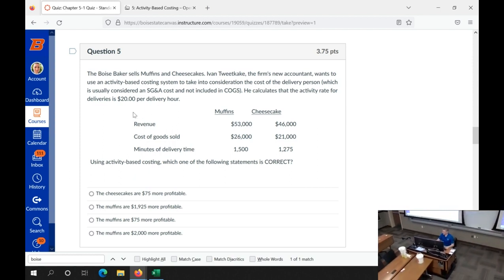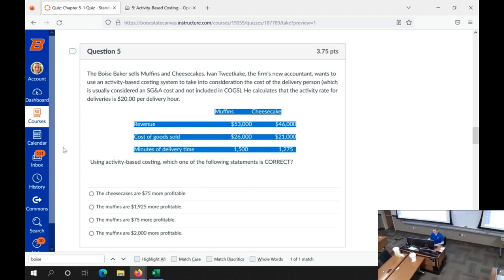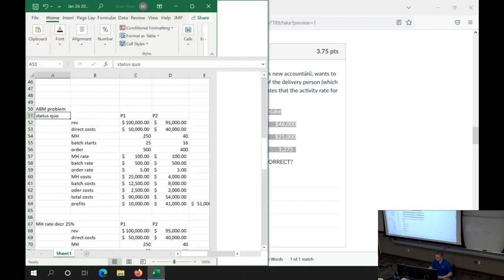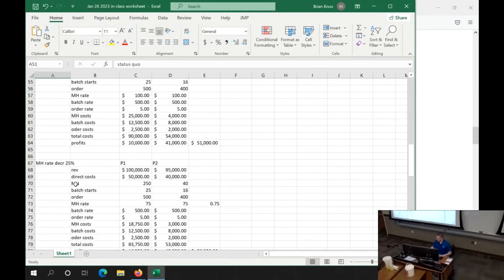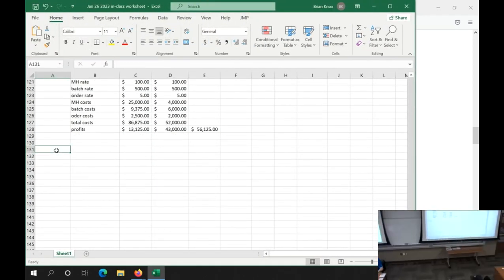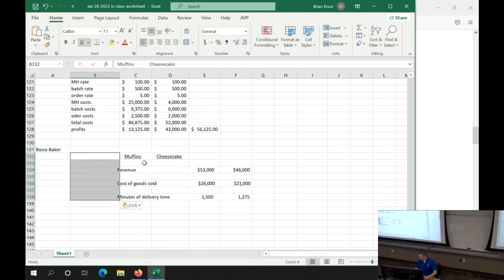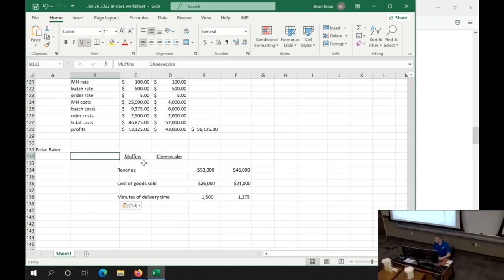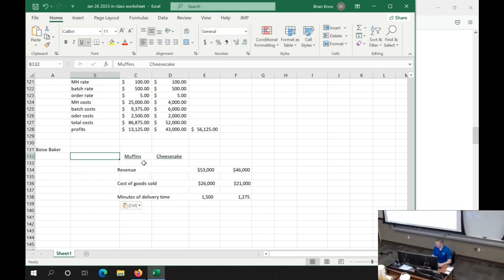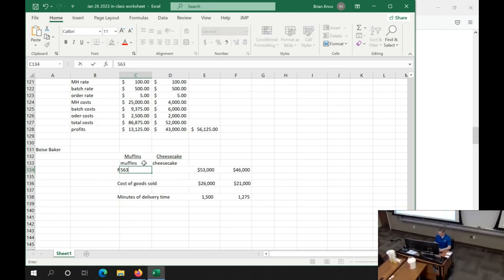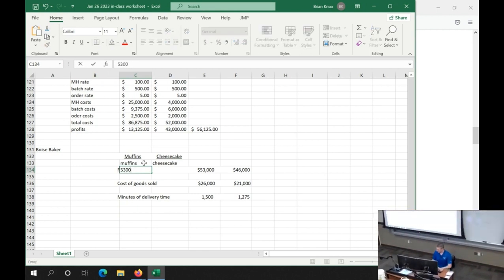So let's copy this over, see if it'll copy over in a pretty way over to Excel. Whoa, that got real shrunk. No, it did not copy over well at all. All right. Nope, 53.